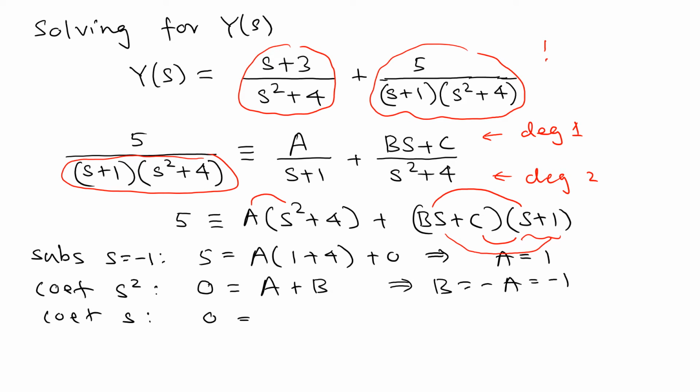If you do bs and 1, the coefficient is b, and if you do cs, the coefficient is c. Since you know the value of b already, c is simply -b, so that means 1. So we get all three coefficients: A equal 1, b equal -1, c equal 1. Now we plug these in and try to simplify. So let's do that.